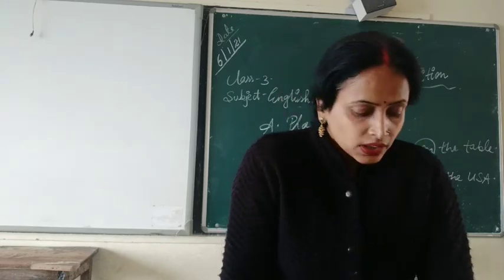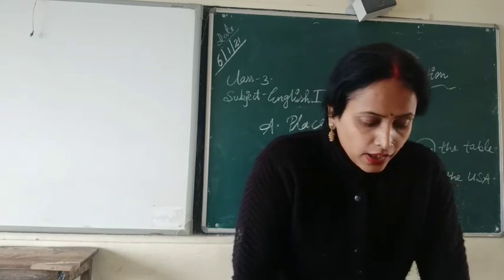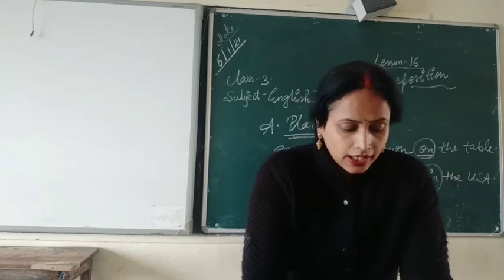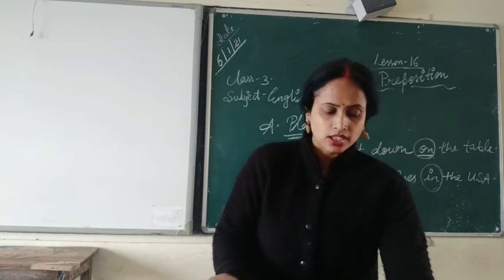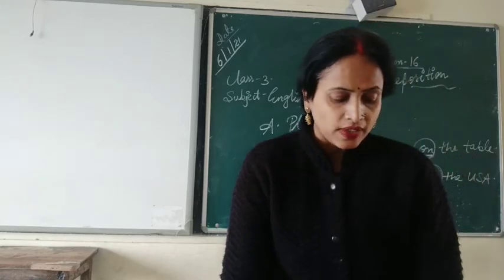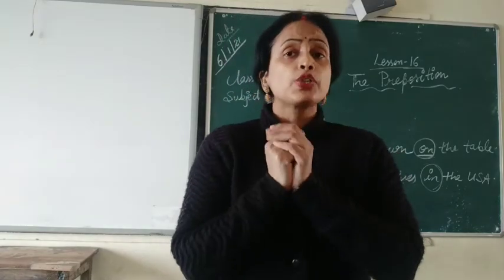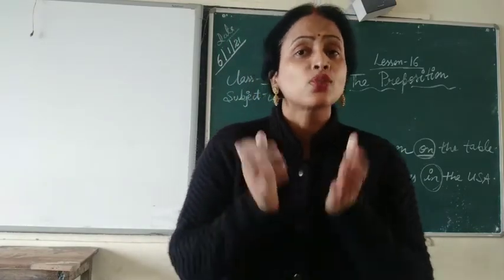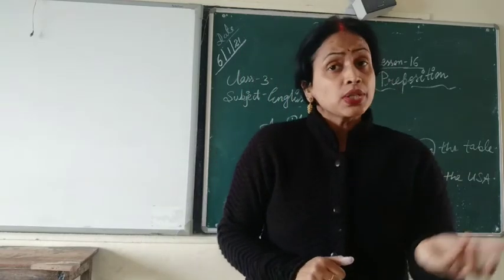Now here, the use of in, at, on. Examples: in New Delhi, in Kolkata, in France, in Europe. First of all, in is used when we talk about cities, countries or continents. And where are we using at?